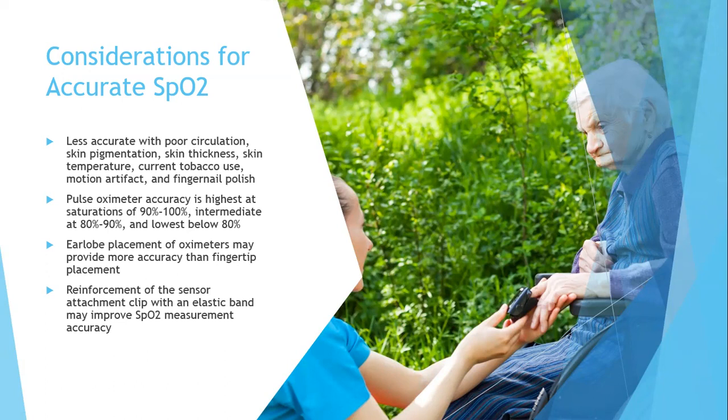Earlobe placement of oximeters can provide more accuracy than fingertip placement, particularly with people with poor circulation, elderly people, people who just have chronically poor circulation and cold hands. Sometimes if you put an elastic band around the sensor, you get a better reading. So that's something to think about.